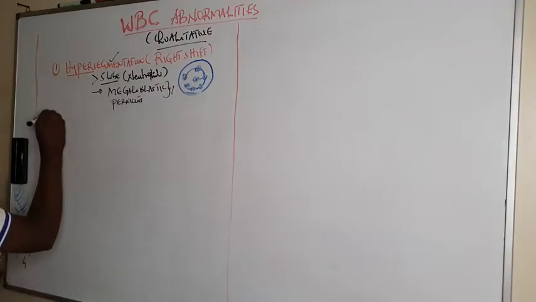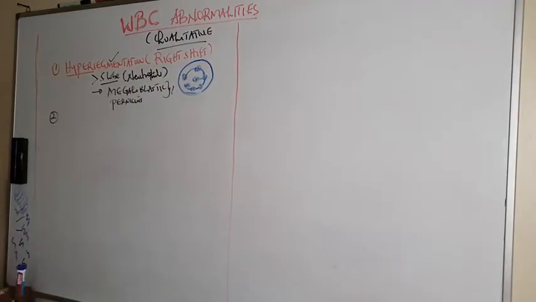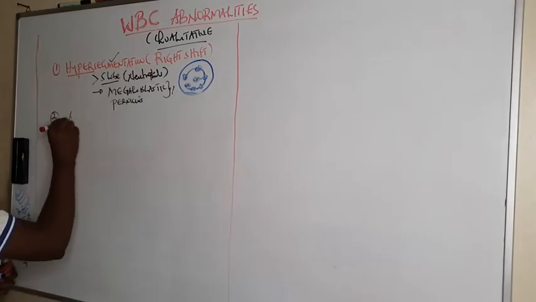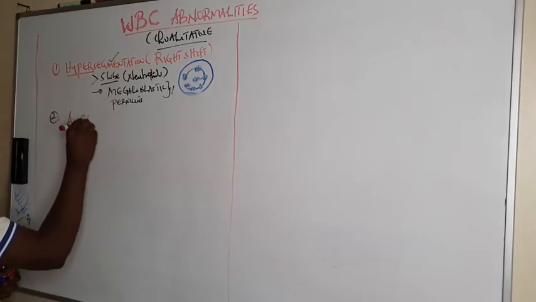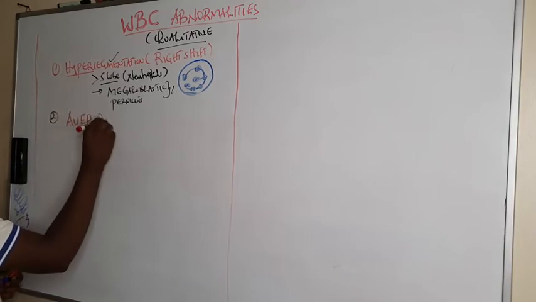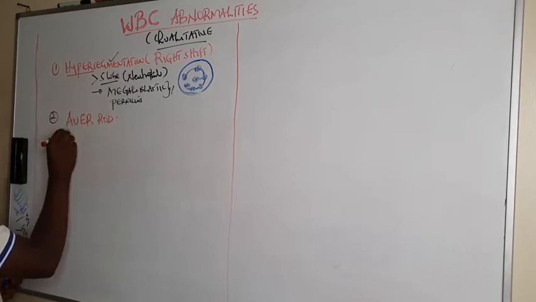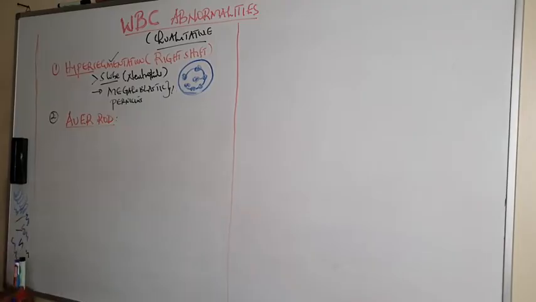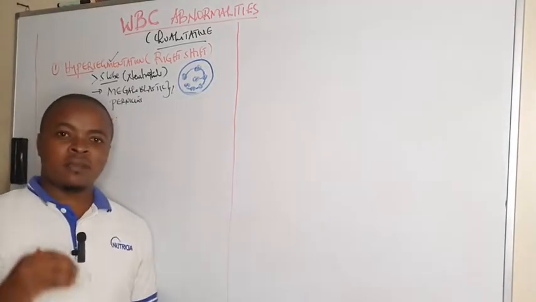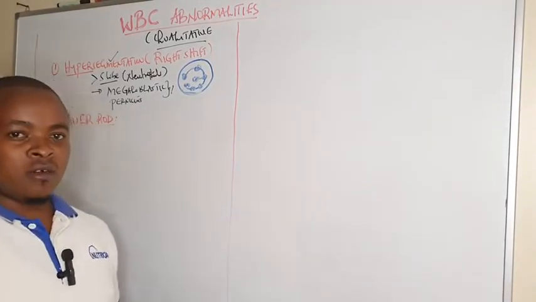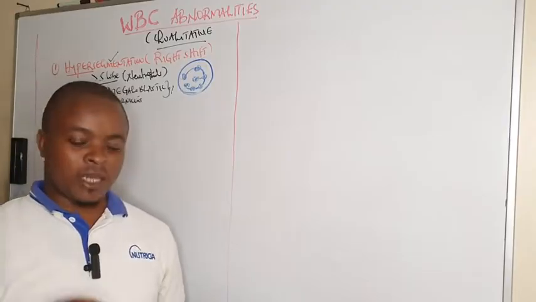Then the second one we are going to discuss with you in this session is Auer rods. You can call it Auer rod, or you can pronounce it as Auer rod. This Auer rod is seen in myeloblast cells.